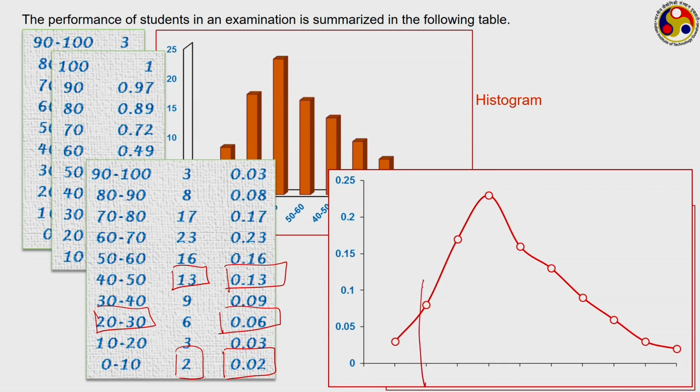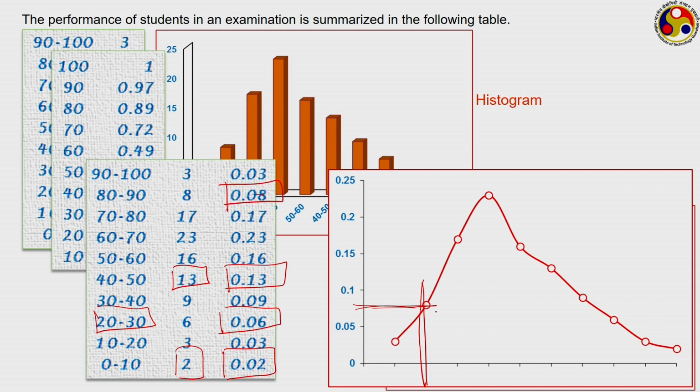Actually, I have missed the label on the horizontal axis here, but I guess this data refers to this particular one, correct.